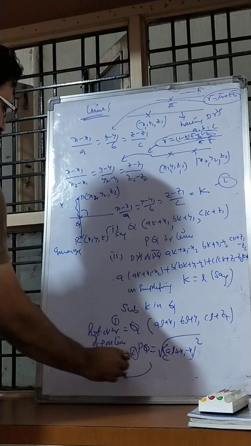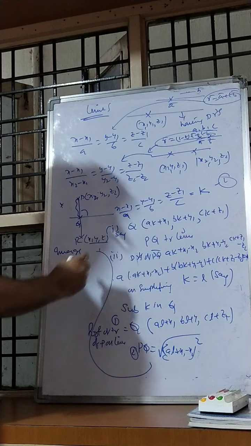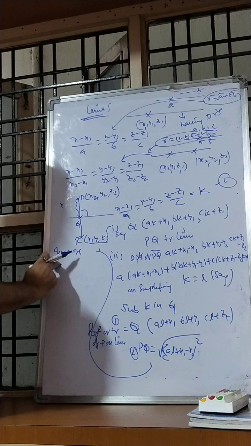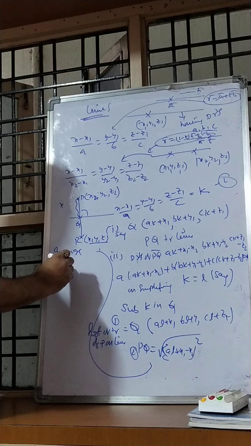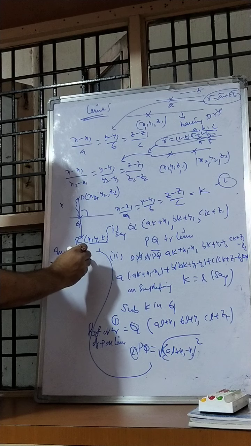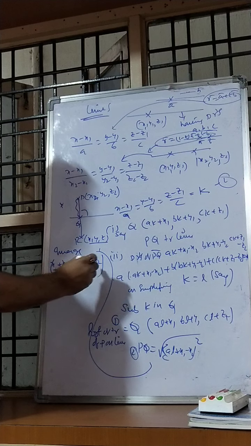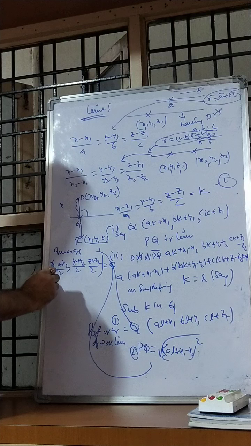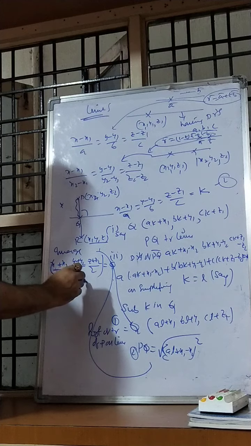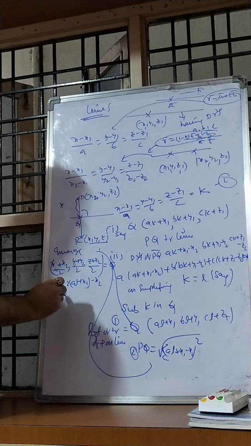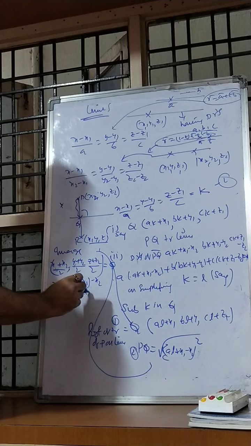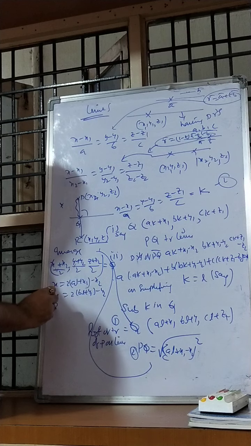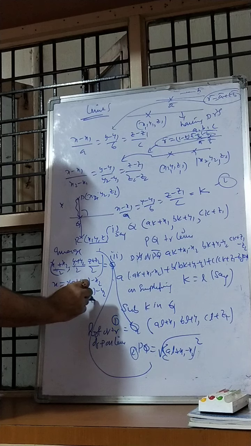Assume that R is (x, y, z), and you write like this, Nana: (x plus x2 by 2, y plus y2 by 2, z plus z2 by 2), which is equal to this Q. So after simplifying, you will get x is equal to 2 into (AL plus x1) minus x2, y is equal to 2 into (BL plus y1) minus y2, z is equal to 2 into (CL plus z1) minus z2.